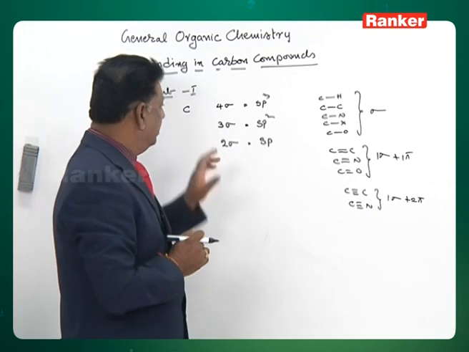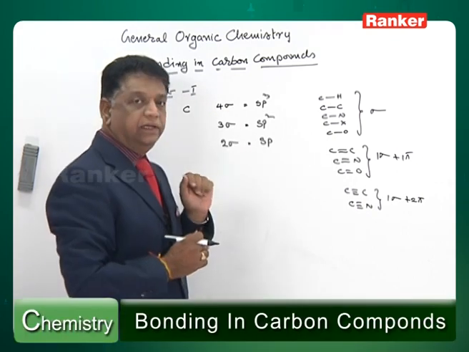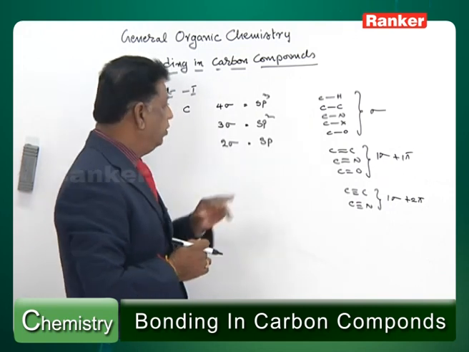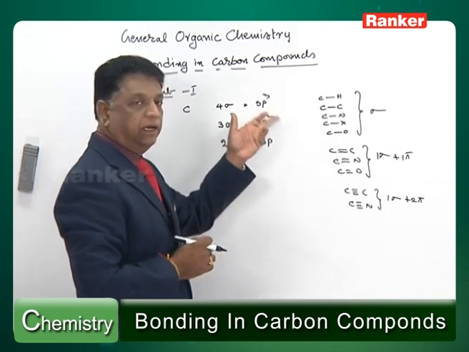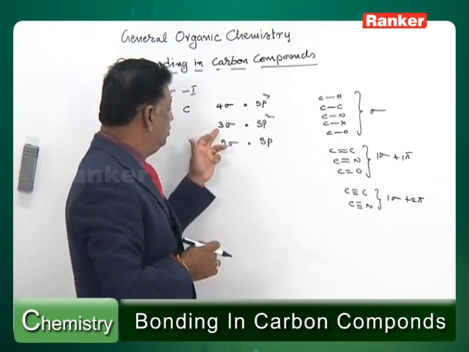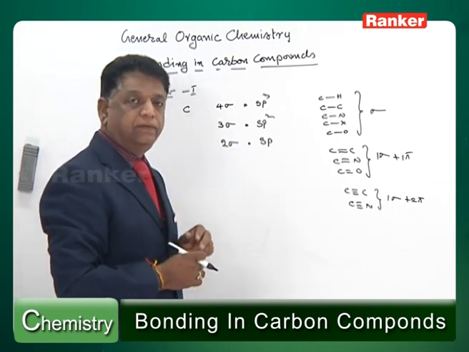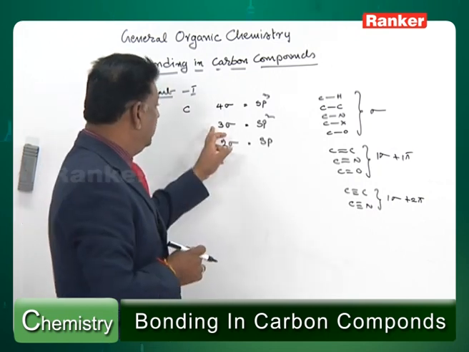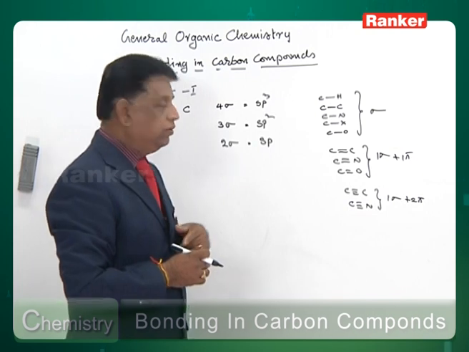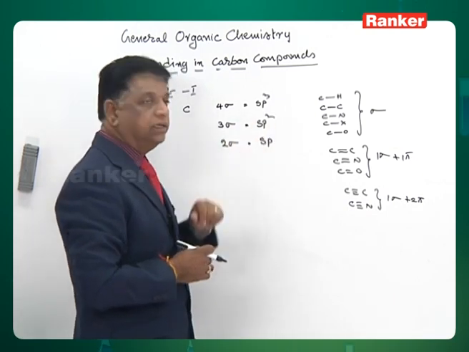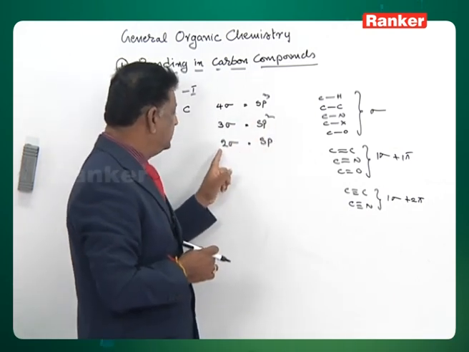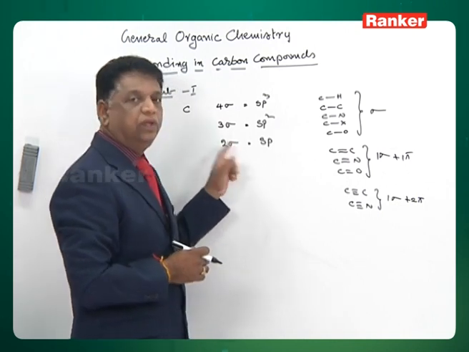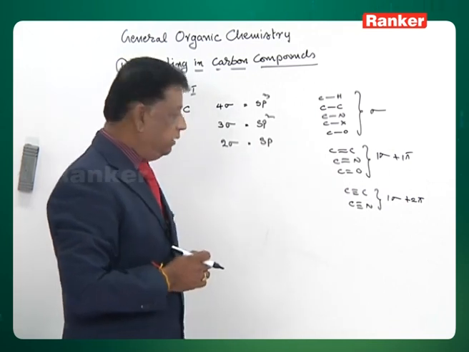If it makes 4 hybrid orbitals, that is s and 3 p orbitals combining, it must be sp3. If it makes 3 sigma bonds, that is s, px and py making them, and another is going for the pi bond, so 3 undergoing hybridization means sp2. Similarly, s and px undergoing hybridization with 2 sigma bonds is sp hybridization.